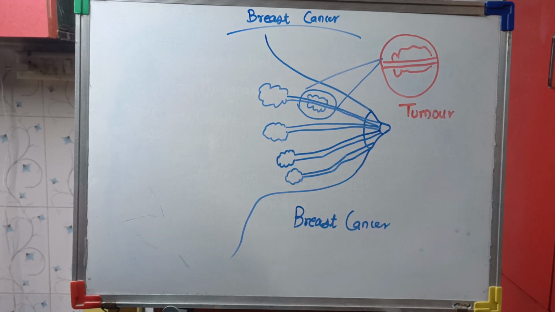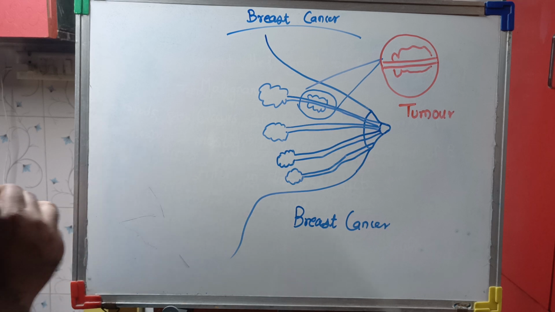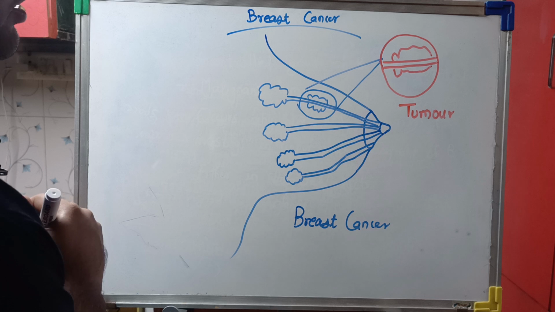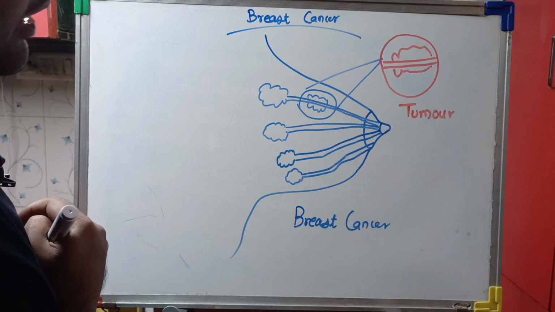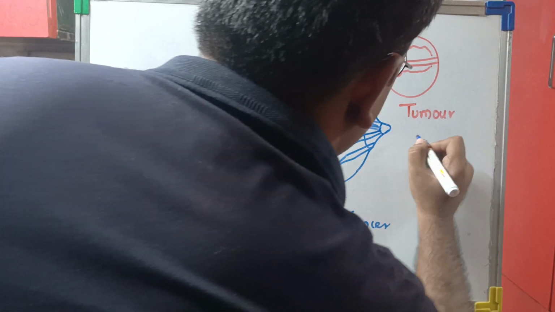So here I have drawn the diagram of the breast when the tumor or abnormal cell mass takes place. We will consider the lobules, that means the glands which produce milk, where there is an abnormal proliferation of the breast cells.